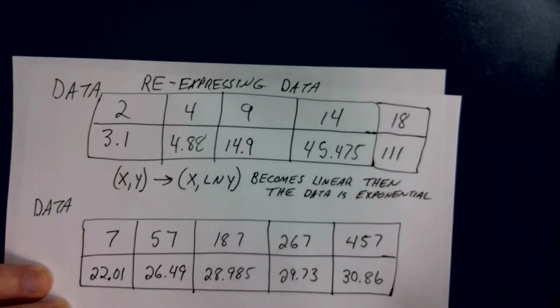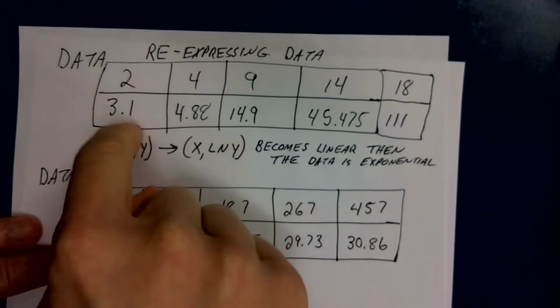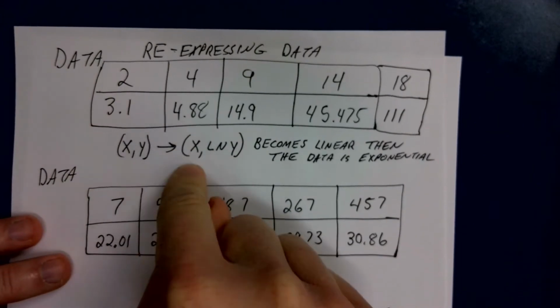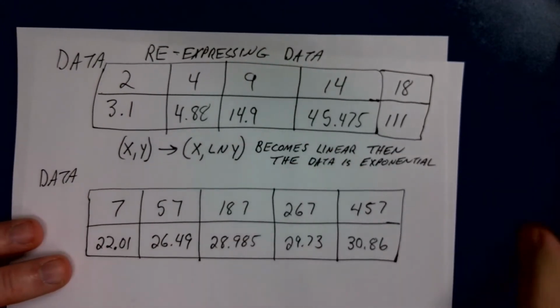That's a fact. Data is exponential. If when we take the normal x and the normal y and we graph it again as x and the natural log of y, and that becomes a straight line, then the data is exponential.